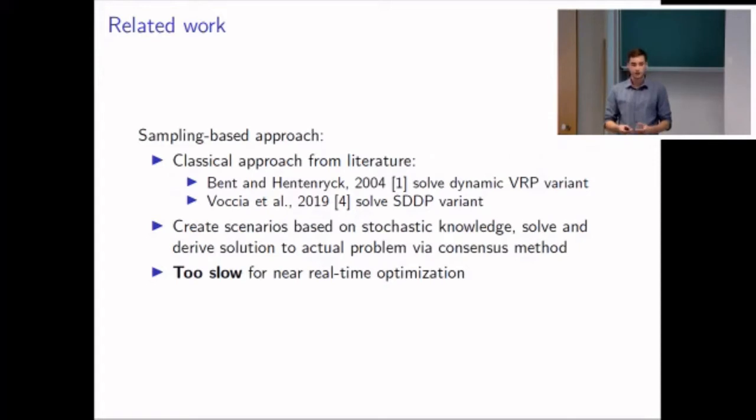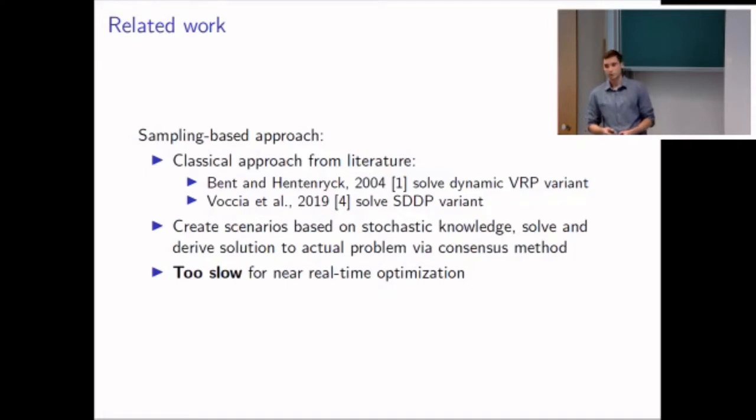They are usually used by sampling orders, which are then combined to scenarios. These are solved independently, and the solutions to these scenarios are then combined to have a solution to the actual problem via a consensus method.